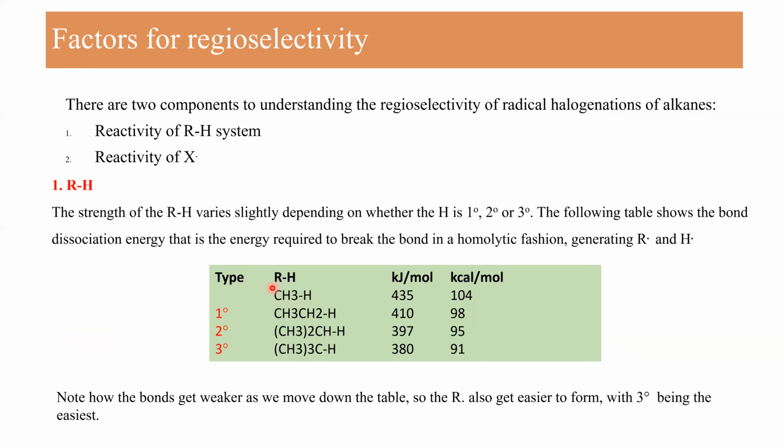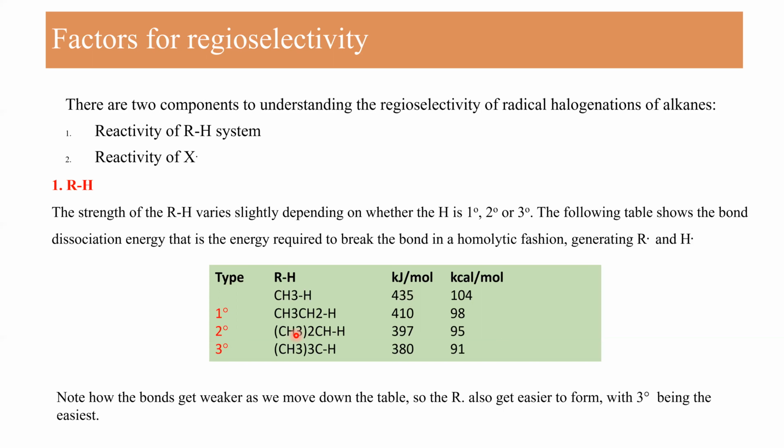you will see that this is the case of methane, right? And the bond dissociation energy for breaking this carbon and hydrogen bond is 435 kilojoules per mole. When we have the primary carbon and break its bond with that hydrogen, it requires 410, less than the methane one, right?